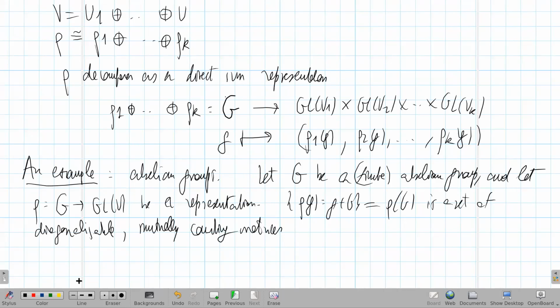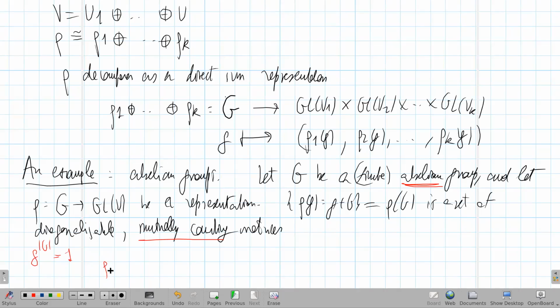Mutually commuting is simply the fact that the group is abelian, okay? Why diagonalizable? Recall this is a consequence of Lagrange's theorem: if you take any element g of G and raise it to the order of G, you get 1.